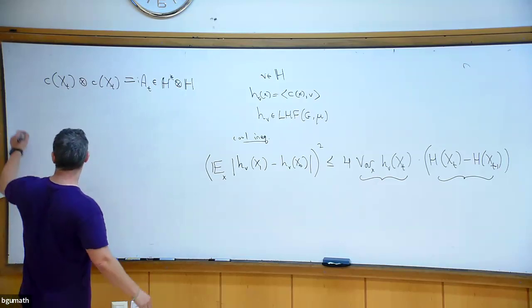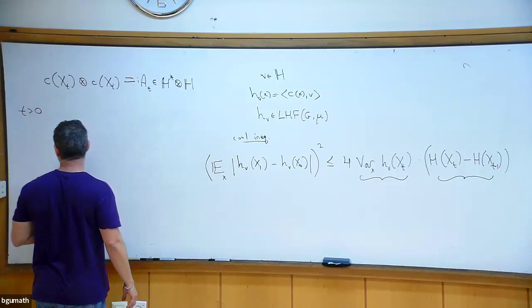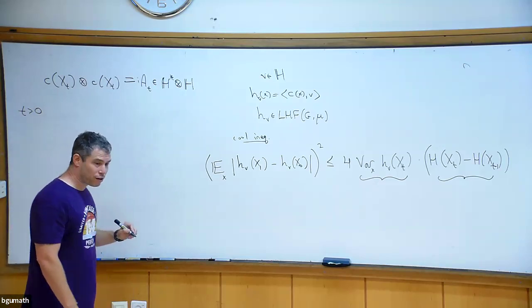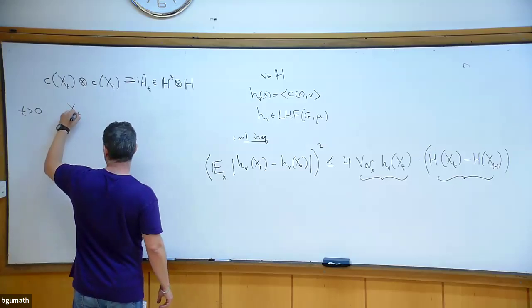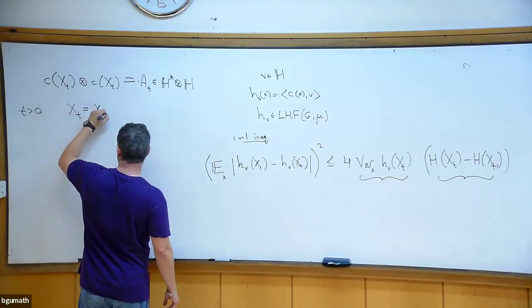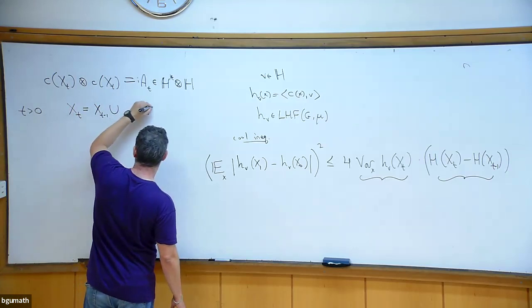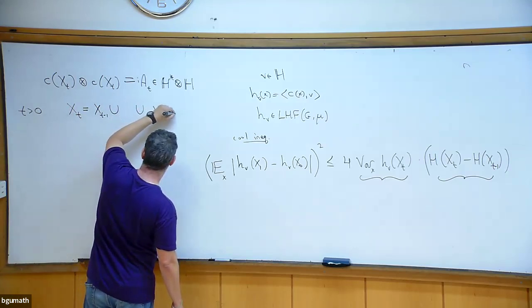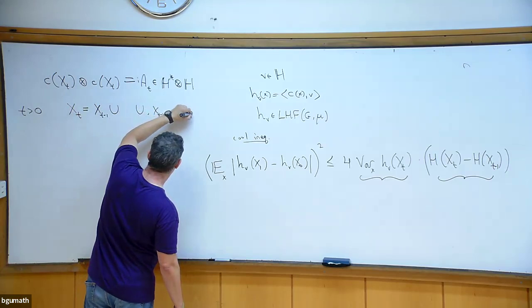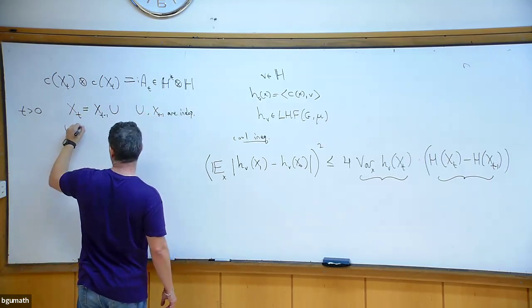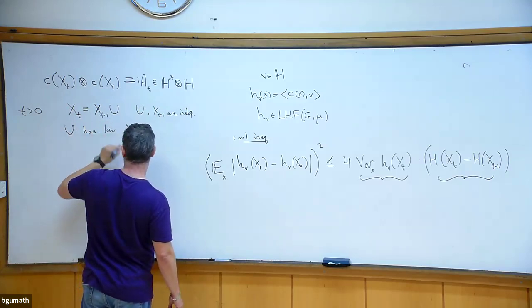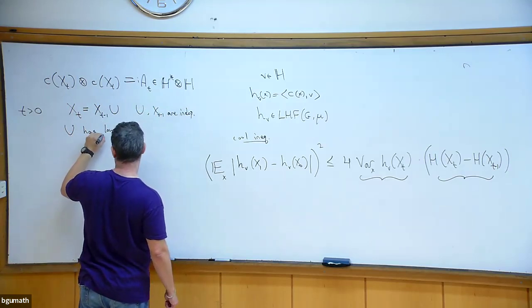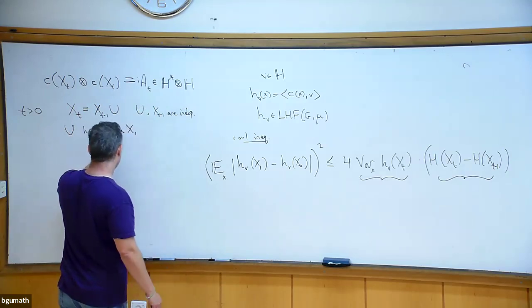Okay, so let's take T strictly greater than 0. I want to develop AT in terms of AT minus 1. Then we can write XT as XT minus 1 times U, where U and XT minus 1 are independent, and U has the same law as X1, or mu.